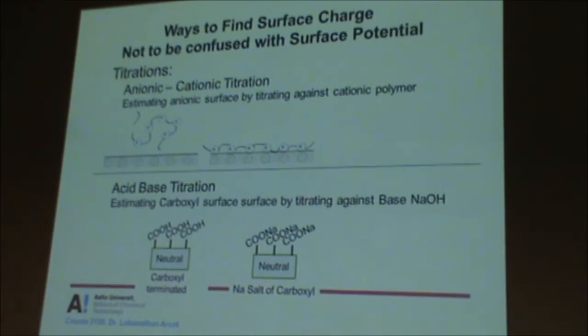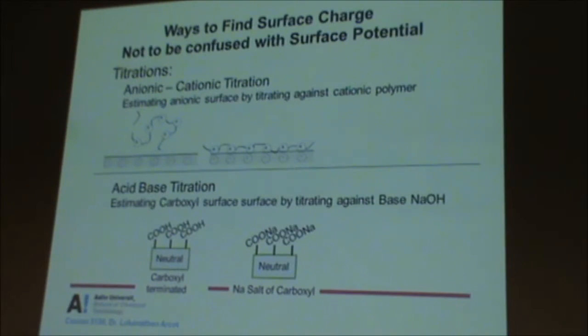So you're just assuming that all the negative charges on your surface are coming from carboxyl. That's your assumption. So the risk of taking this as the surface charge is based on a big approximation, that your surface has charges that completely undergo this reaction. This is one drawback of using titrations to get surface charge. There might be charges that are not contributing to the titration.